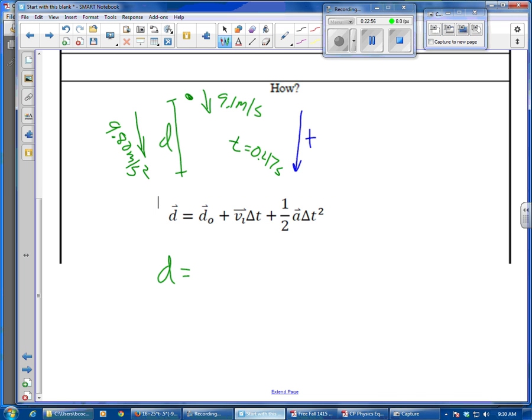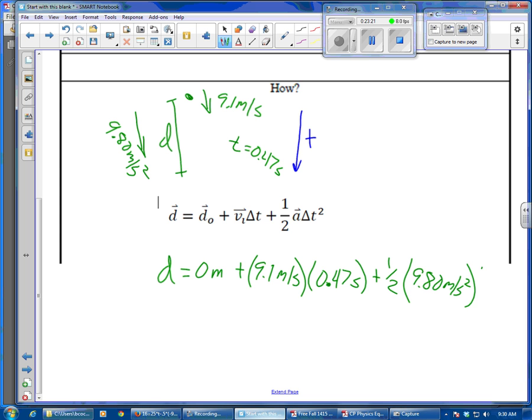I'm going to be lazy and call where it began 0 meters, plus its initial velocity was 9.1 meters per second. It traveled for 0.47 seconds. Plus 1/2. It was accelerating down at 9.80 meters per second squared for 0.47 seconds squared.